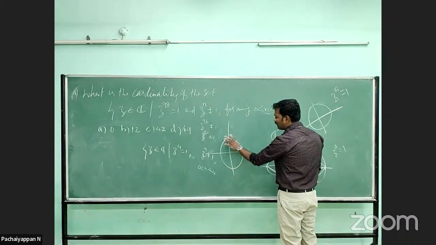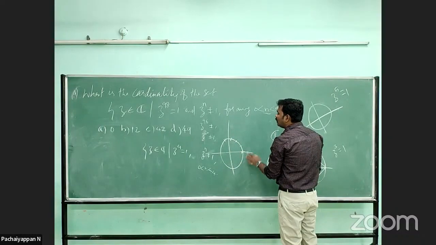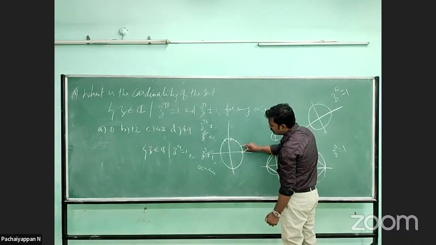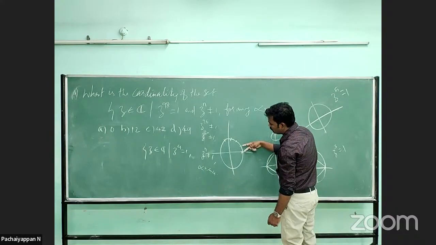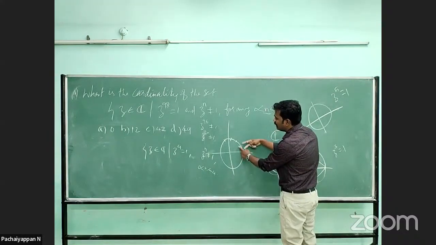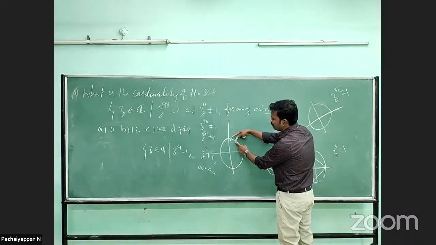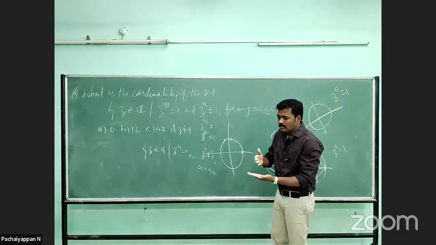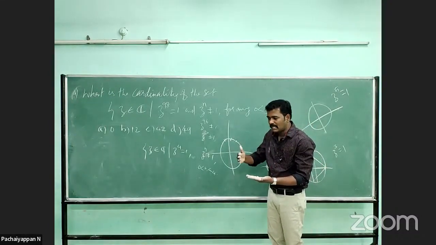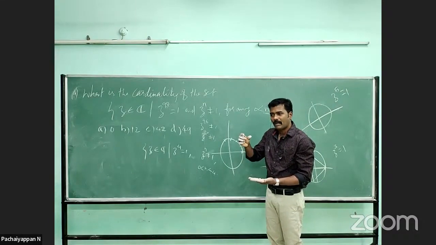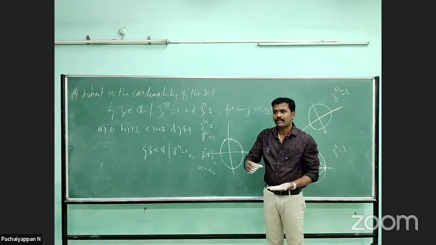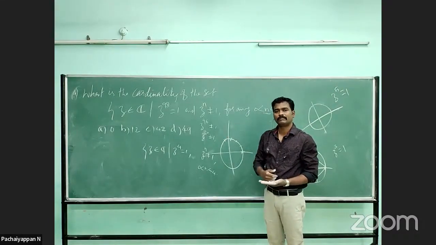All n roots lie on the unit circle at equal distances. Take any two consecutive ones; this is length k, this is also length k. We cut the unit circle into equal pieces of length k, and it has n pieces.